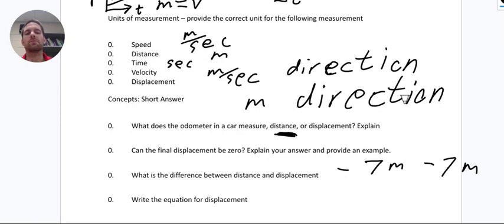Doesn't matter what you did in between. So your displacement can be 0. Distance is a scalar, displacement is a vector. So it has direction.